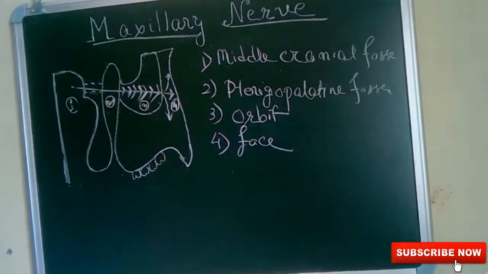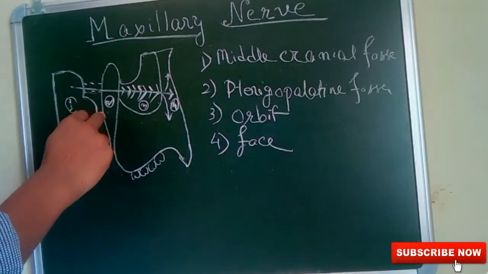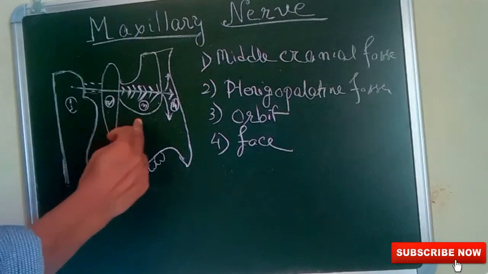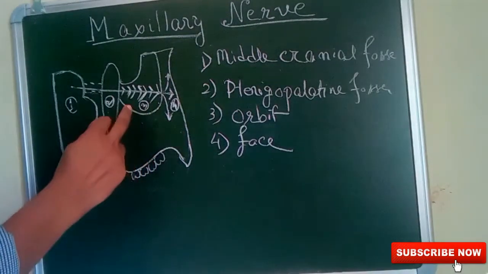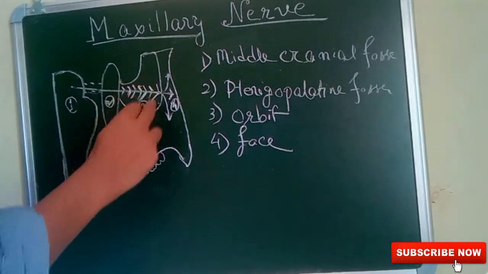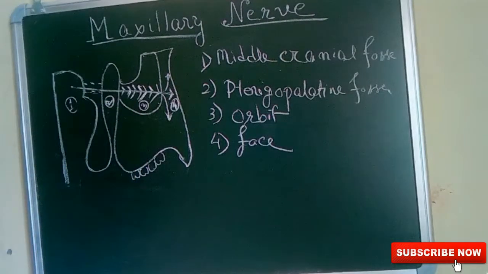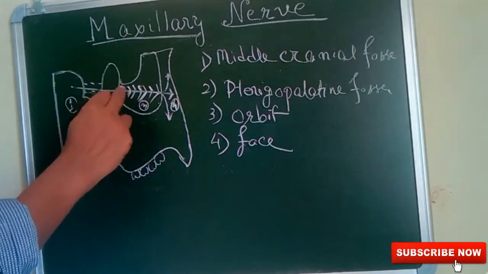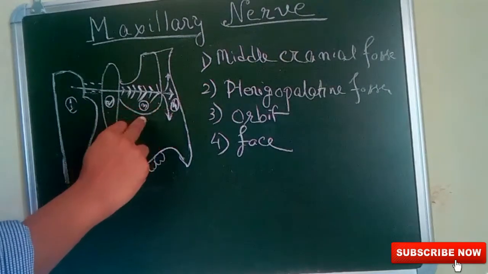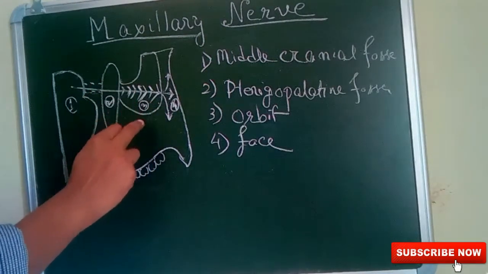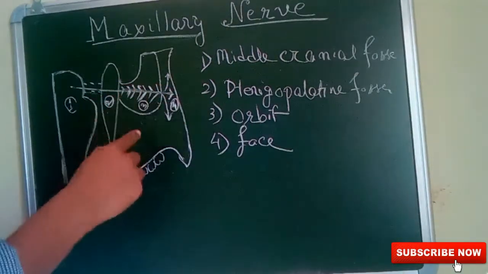Then from the foramen rotundum to the pterygopalatine fossa, it runs straight to the upper part of the fossa and enters the orbit through the inferior orbital fissure, and hence it is called the infraorbital nerve.